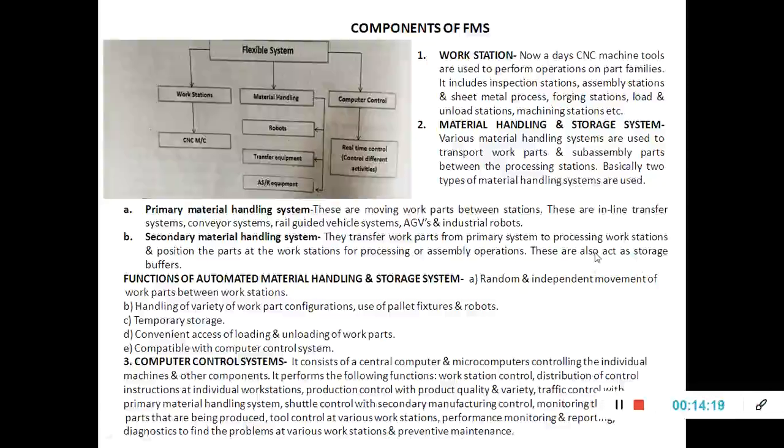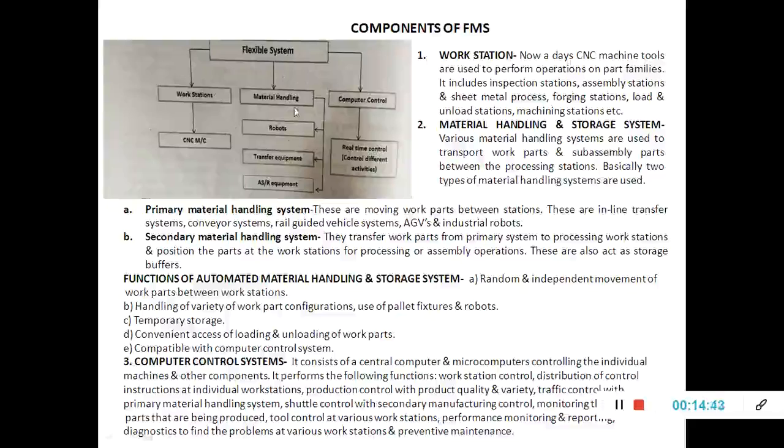Now coming to the components of FMS, there are mainly 3 components of FMS. One is a workstation, second one is a material handling and storage system, third one is a computer control system. So the FMS components are workstation. First of all, workstations are nothing but the processing machines or machine tools.